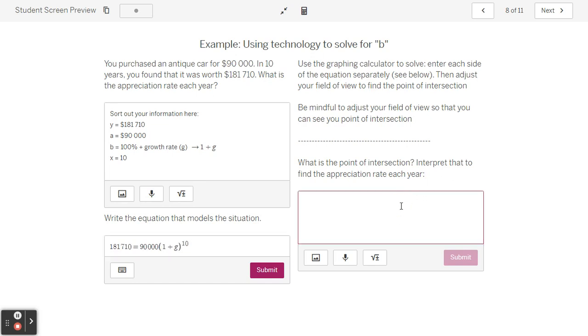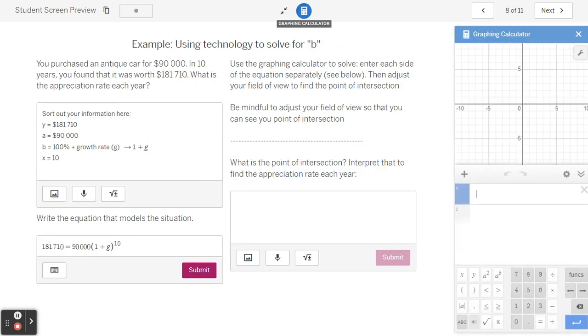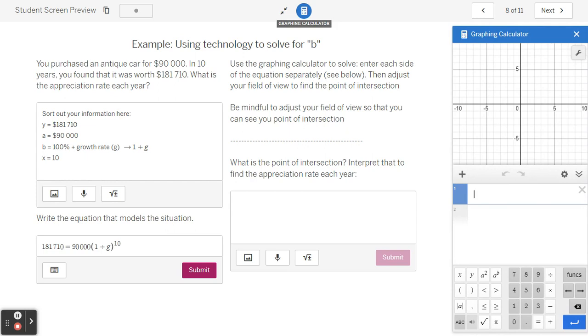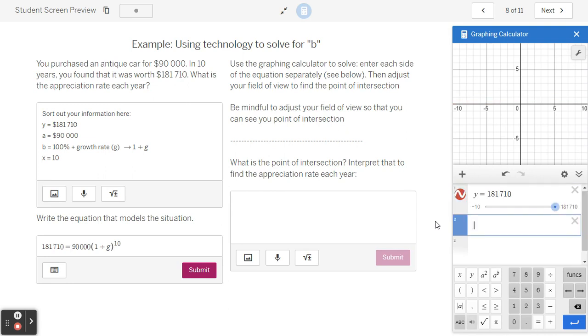So once again, let's go to Desmos, and we need to enter our equation, but in each row we put the left side separately, then we put in the right side. So on the left side, we have y is equal to 181,710.